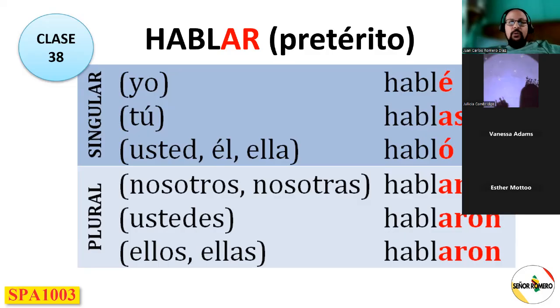Hablaste, you spoke. Hablamos, we spoke. Hablaron, you guys spoke, they spoke. Hablé, hablaste, habló, hablamos, hablaron. I spoke, you spoke, he, she spoke, we all spoke, you all spoke, they spoke.